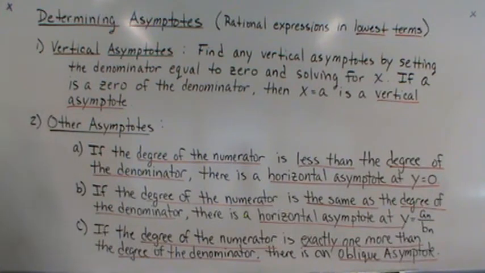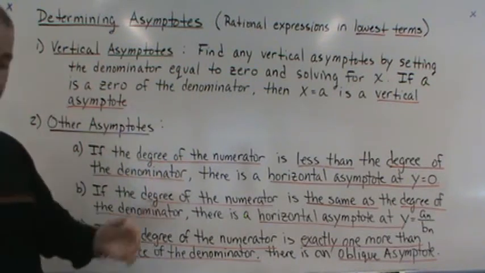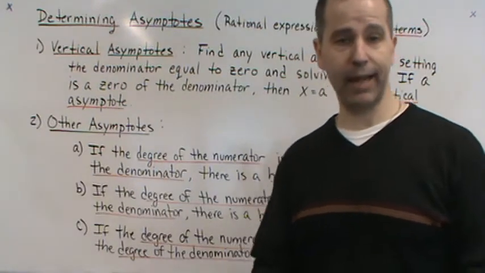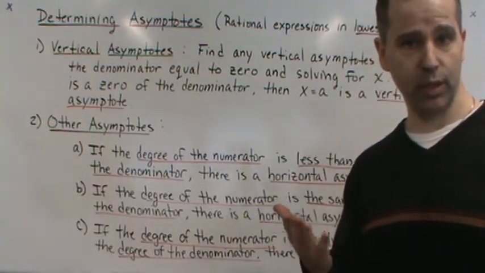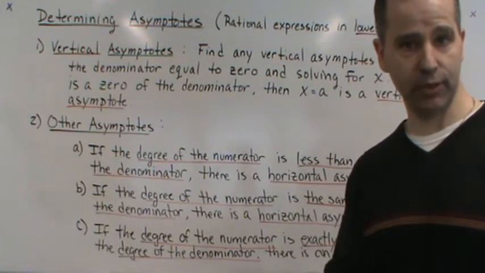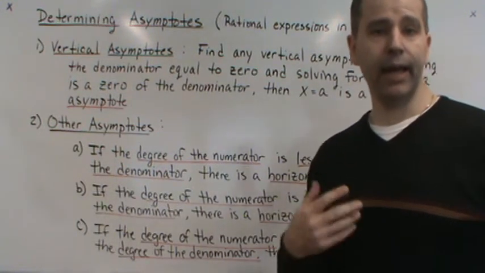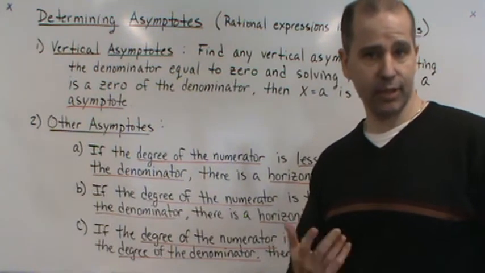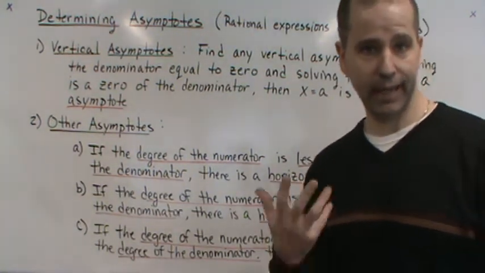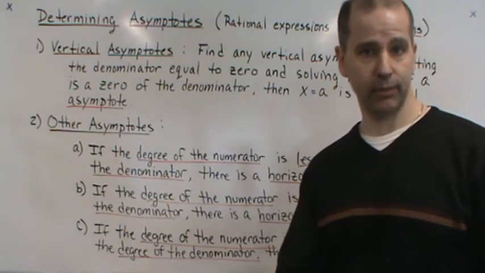So for vertical asymptotes, very straightforward. If you want to find any vertical asymptotes, you take the denominator, set it equal to 0, and find the solutions to that equation. So you basically find the zeros of the denominator. If you find zeros in the denominator, then there are vertical asymptotes located at those lines, x equals.